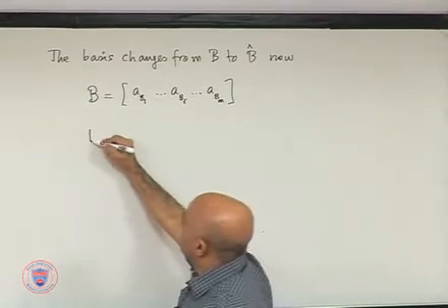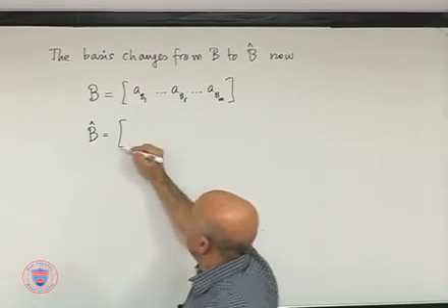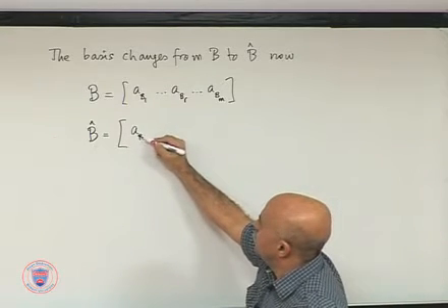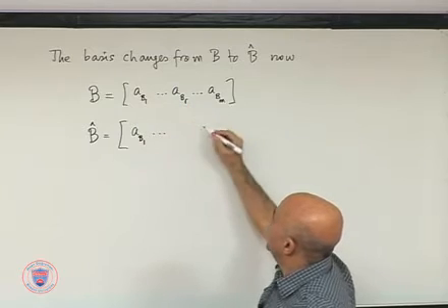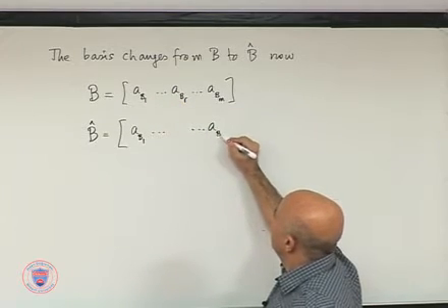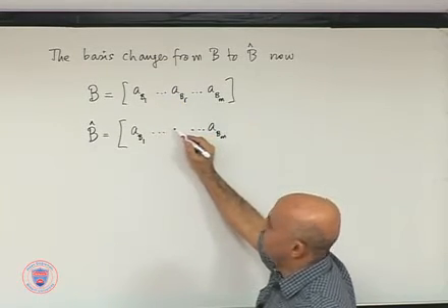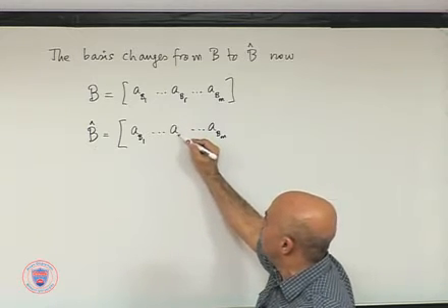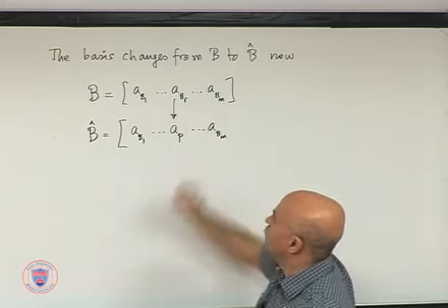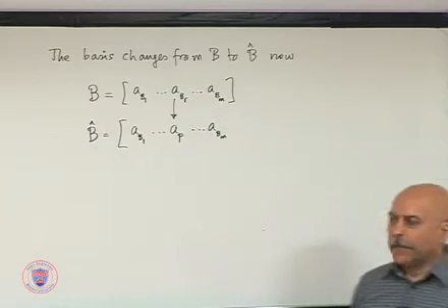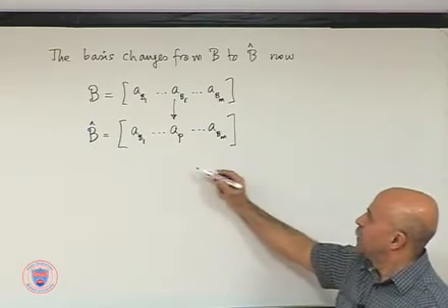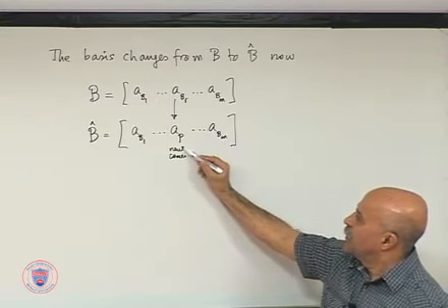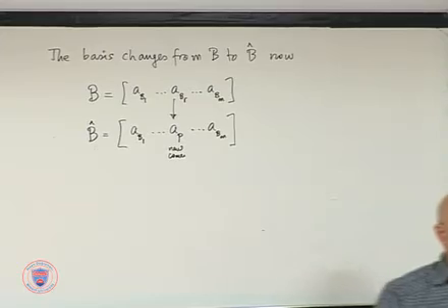And in B cap, you're going to retain all of the columns. So these are maintained, except the rth one changes. What is it replaced with? It is replaced with the entering column, which is your A sub p. So this one is different now. All the other ones are the same. That's the newcomer. Okay?